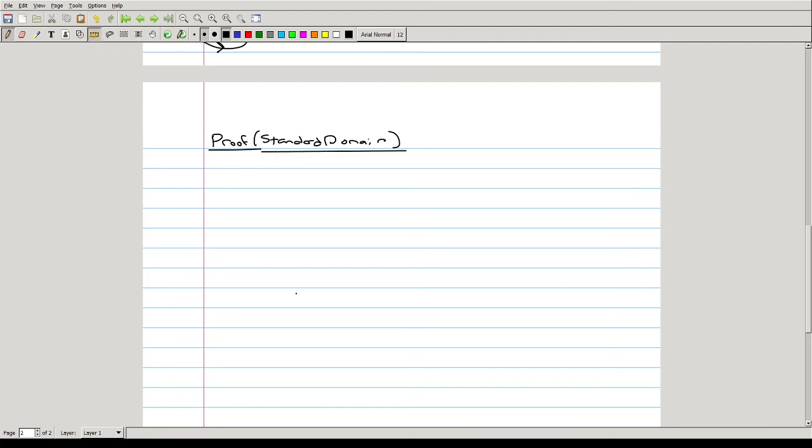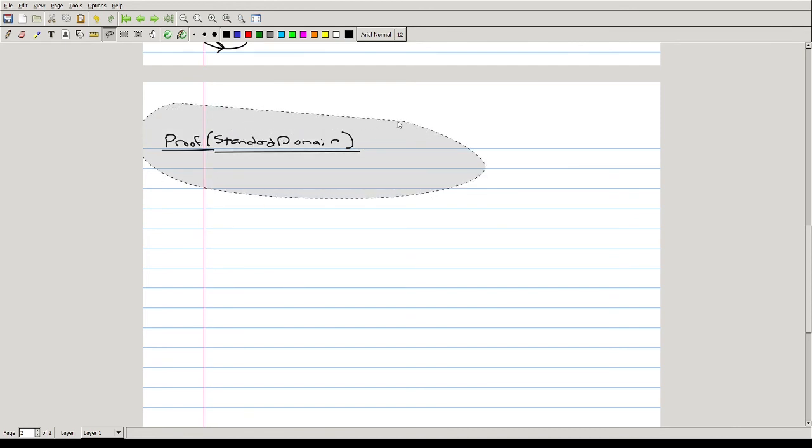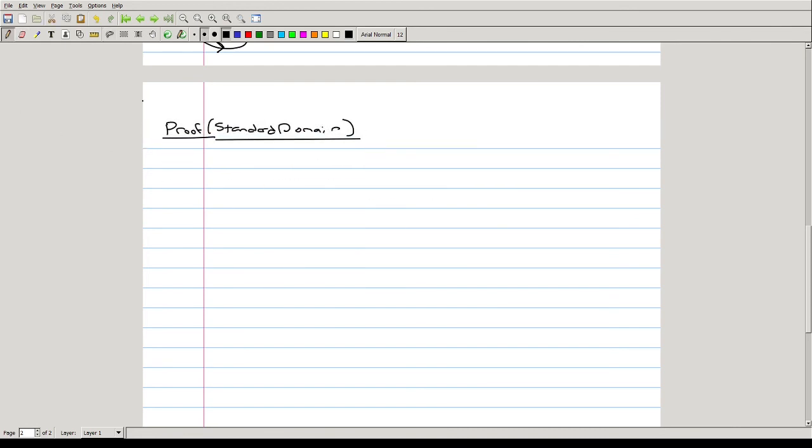So a standard domain we define as follows. Let's give a definition of a standard domain. I'll draw a picture to help us understand exactly what type of domain a standard domain is.